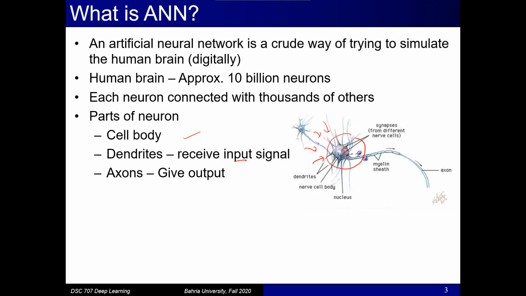So this part is doing some processing, and then it is giving output on this branch. And this branch itself could be connected to many other neurons in your brain, right? So this is the general idea of how a biological neuron looks and how it receives input. It will do some processing and then it will propagate forward the output.